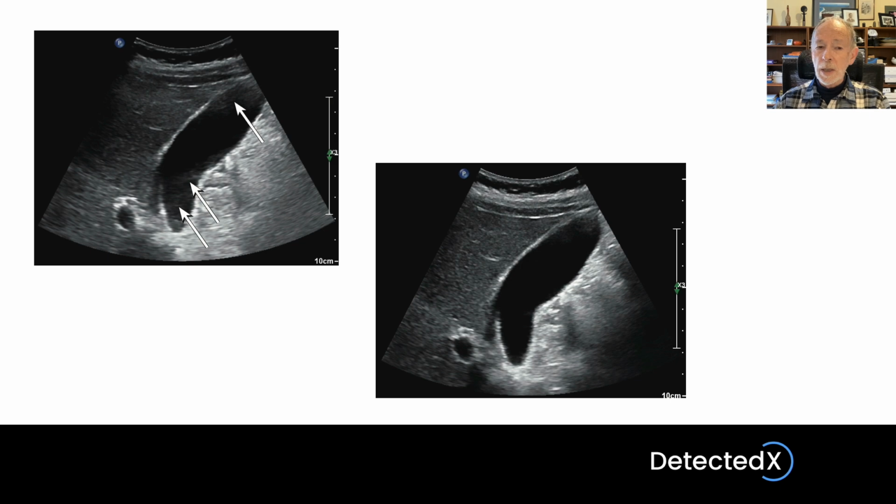And this is because what I said a couple of slides back about the harmonics coming only from the central part of the beam, this applies when we look across the width of the probe as well in the slice thickness direction. The fact that this image contains only echoes coming from the central part of the beam means that the beam width has been reduced and the slice thickness has been reduced. So you may see that the gallbladder is a little bit crisper and clearer.